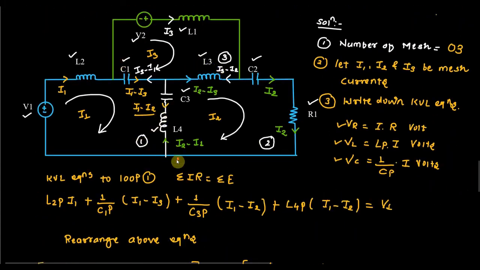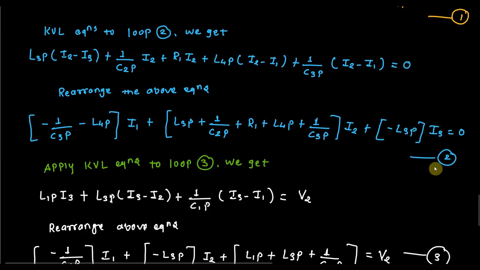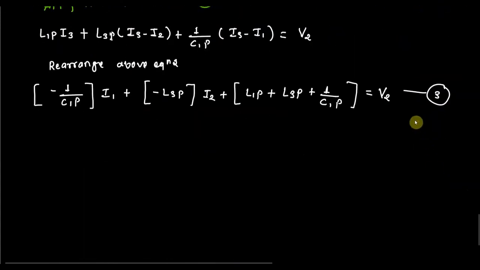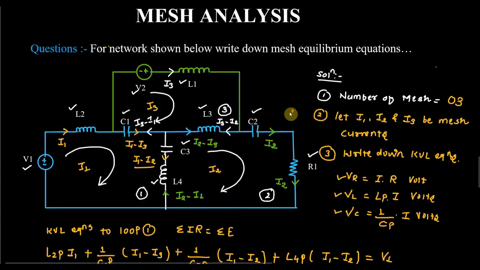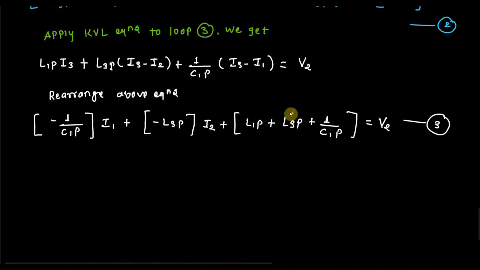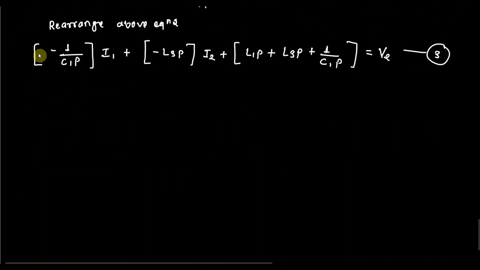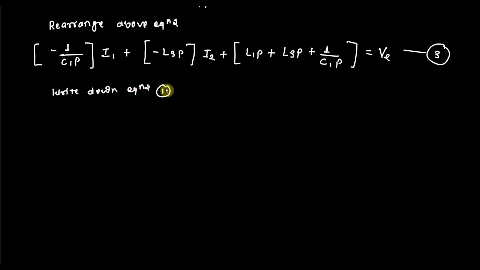So this is the first equation for the mesh 1, this is the second equation for mesh 2, and the third equation for mesh 3. So now what we will do after that, we simply write all these three equations in matrix form, equations 1, 2 and 3, which I have told in the last lecture.